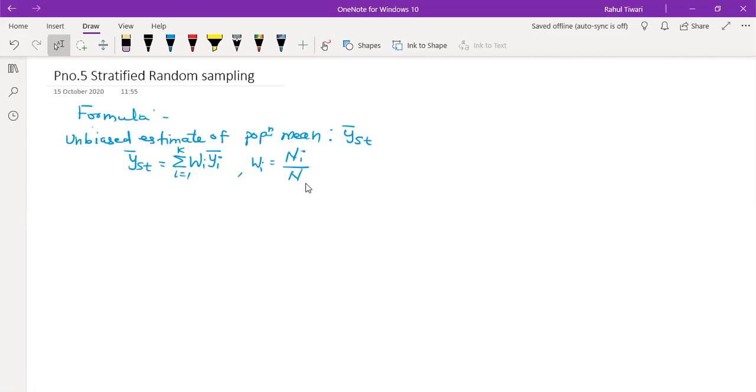So this is known as the unbiased estimate of population mean. So whenever it is asked to obtain the population mean, we always need to define y bar st. Now one can obtain the population total also.